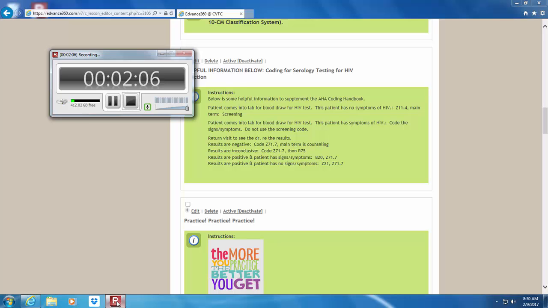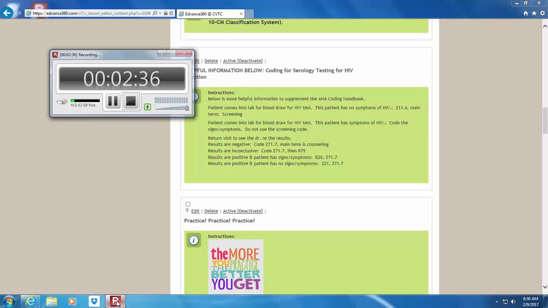In E360 is sort of a summary of what you have on page 157. If a patient is coming in for a screening and is showing signs and symptoms, your code is Z11.4, which your handbook indicates right away in the first paragraph under serologic testing of HIV.